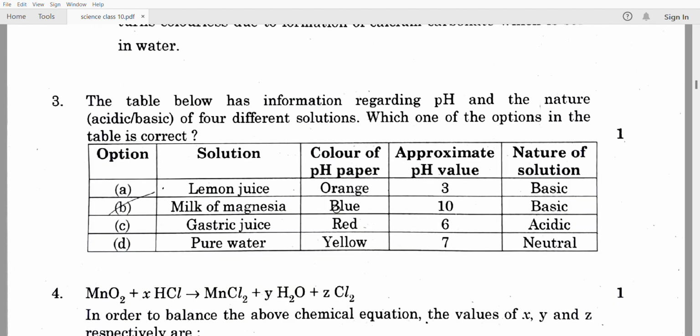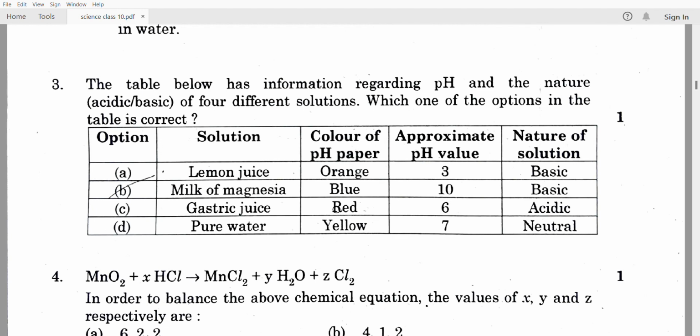The table below has information regarding pH and the nature, either acidic or basic, of 4 different solutions. Which one of the options in the table is correct? So the first one says lemon juice, orange. Actually lemon juice is a mild acid, so it can't be that, and the option is given as basic, that's wrong. So option B is right, milk of magnesia, which turns red litmus blue because it's a base, and approximate pH is 10.